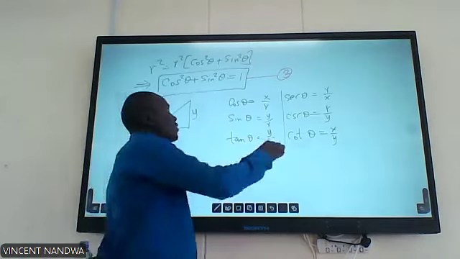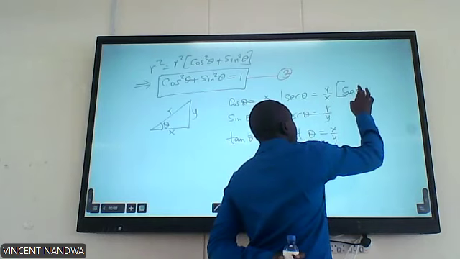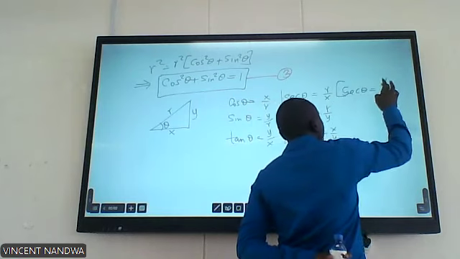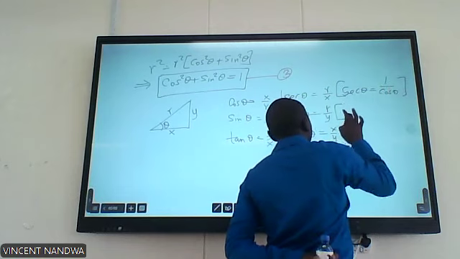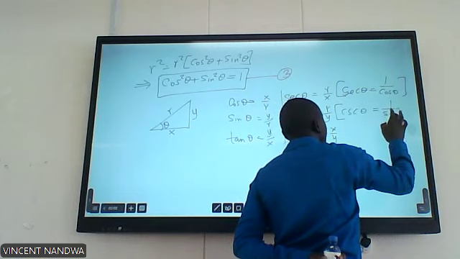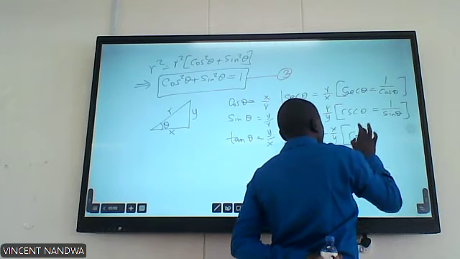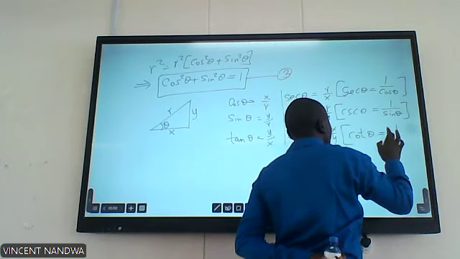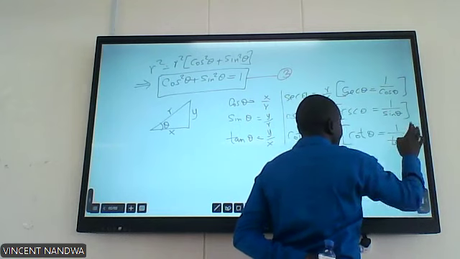So these three being new, we can just put in brackets: sec theta means 1 over cos theta, cosec theta means 1 over sine theta, and cot theta means 1 over tan theta.